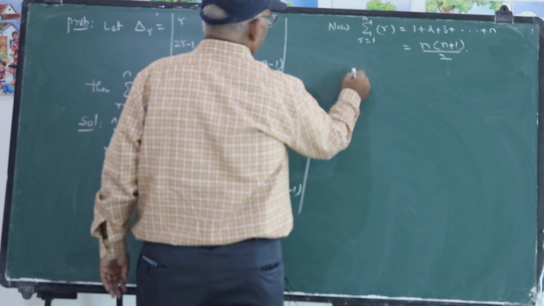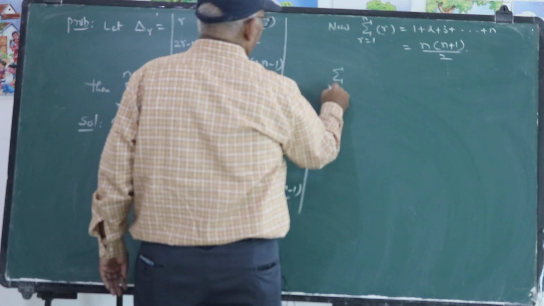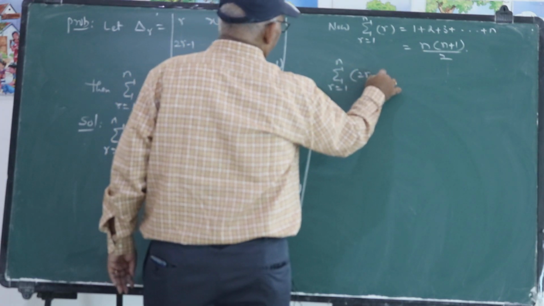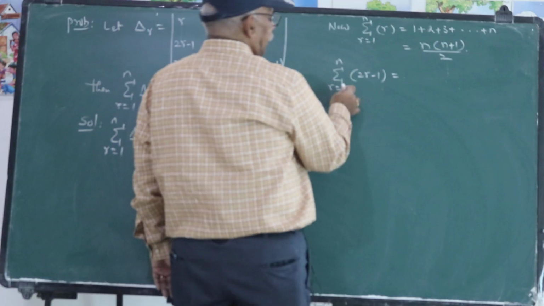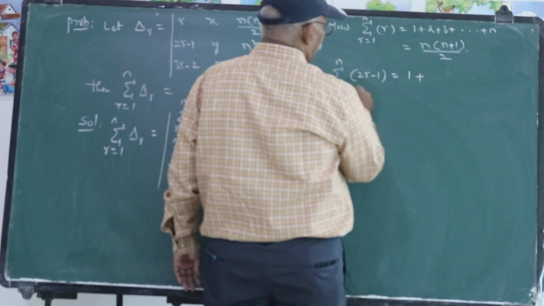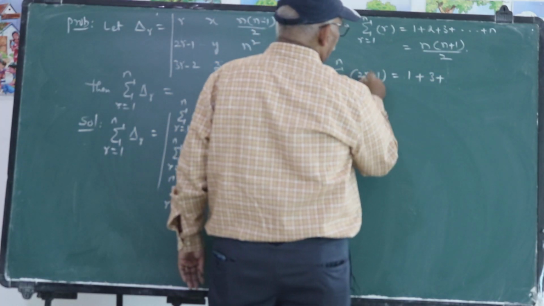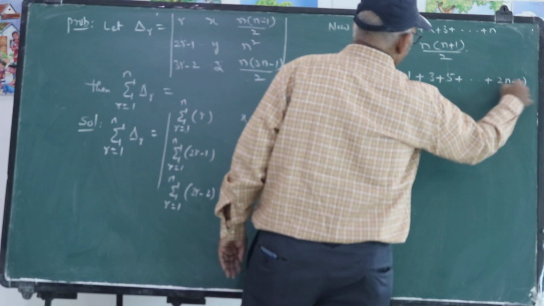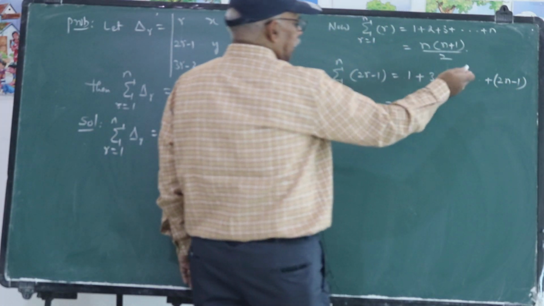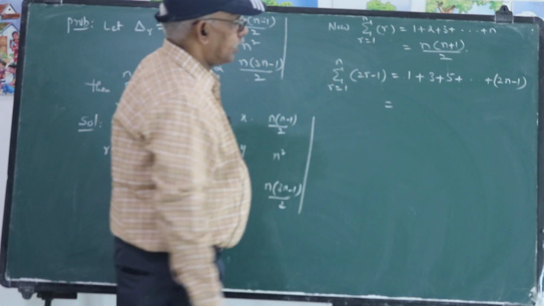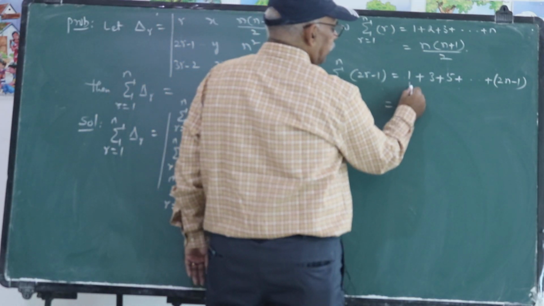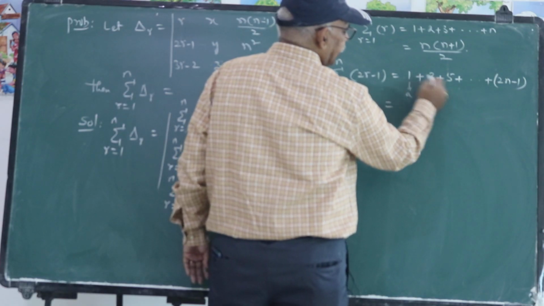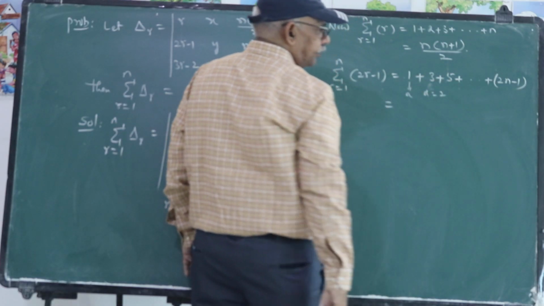Similarly, sigma r equal to 1 to n 2r minus 1 value. For r equal to 1, we get 1. For r equal to 2, 3. For r equal to 3, we get 5. And so on. Clearly, these are in AP with a equal to 1 and common difference d is 3 minus 1, 2; 5 minus 3, 2.